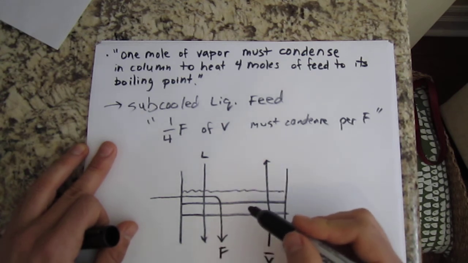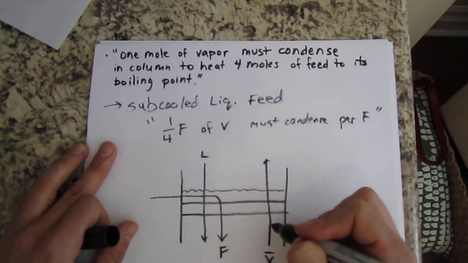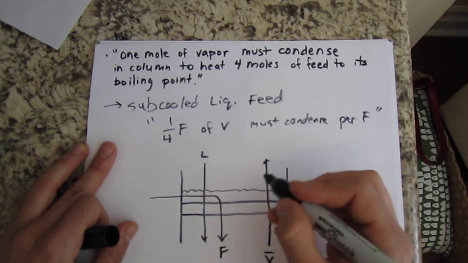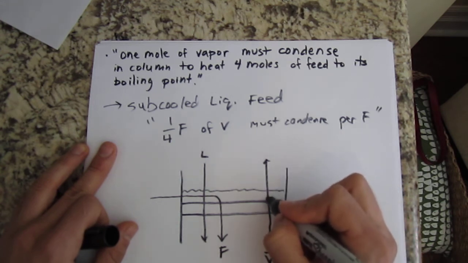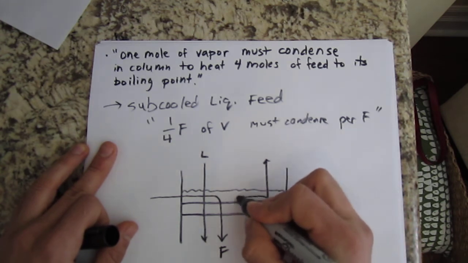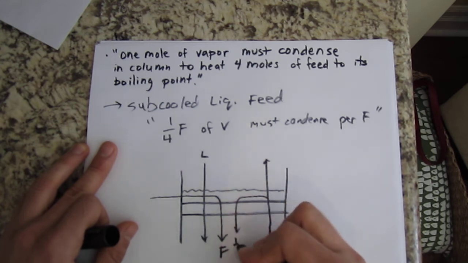But since it's subcooled, some of this vapor is going to be giving off some of its heat, which means it is going to condense. So that's where the 1/4 F is coming from.